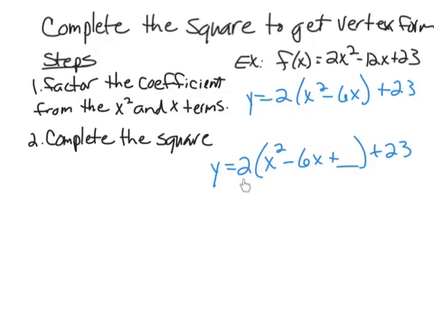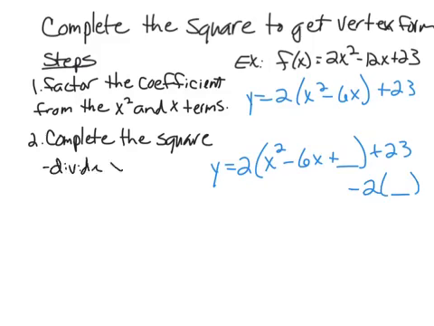But we have this 2 in front. So what I'm really subtracting away is 2 times whatever value I have in here. So I have plus 23, and then I have to subtract away a 2 times whatever number I put in here. So in order to find that number, you have to divide the x coefficient in half.